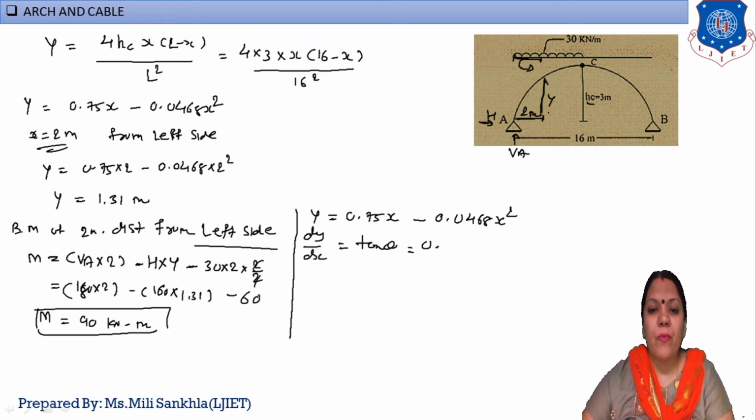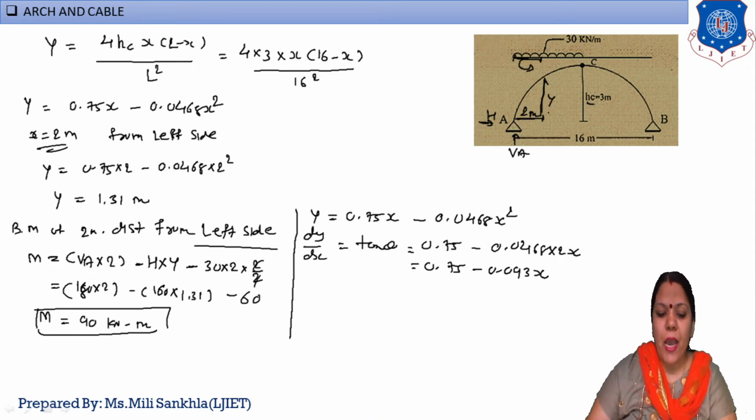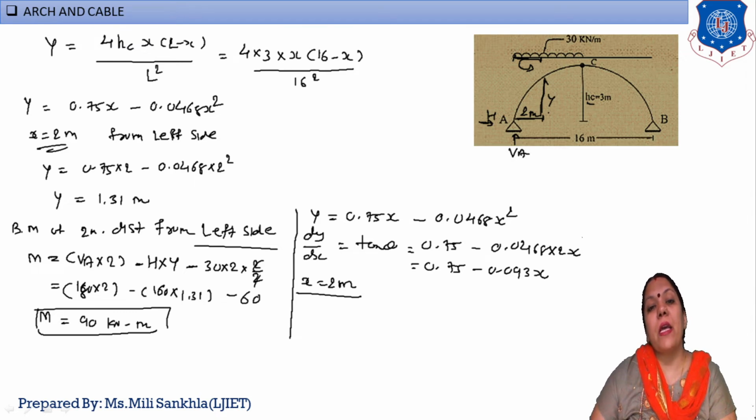Now differentiation of 0.75x is 0.75, and differentiation of this 0.0468 into 2 into x, 0.75 minus 0.093x, and now put the value x is equal to 2 meter, because here we find out radial shear and normal thrust at distance 2 meter from left hand side.